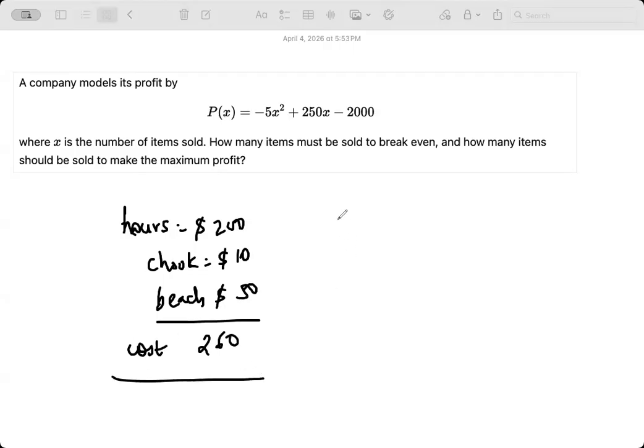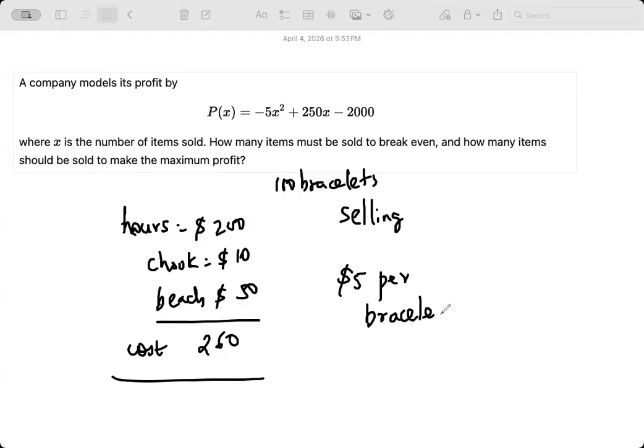Okay, now I'm planning on selling bracelets. Totally 100 bracelets I made, right? I start selling it at $5 per bracelet. Now tell me, when will I break even? Break even means, how many bracelets should I sell to attain my cost?